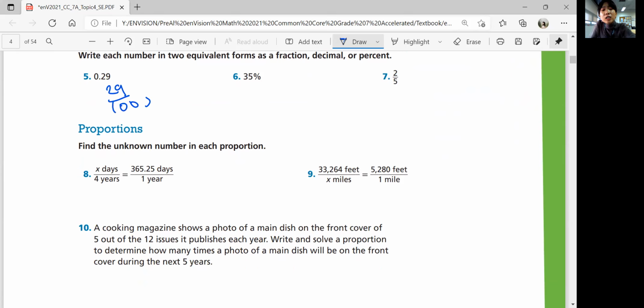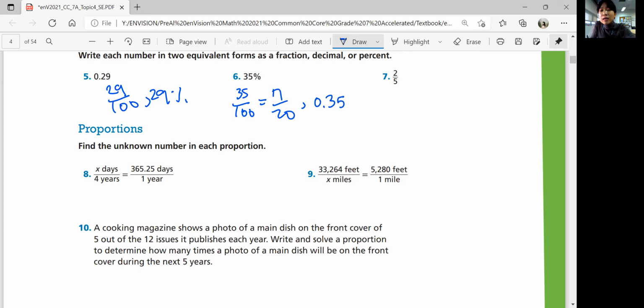And in percentage, that's 29%. Number 6, 35%. In fraction, it should be 35 over 100 or 7 over 20 if you simplify it, right? And in decimal, that should be 0.35.